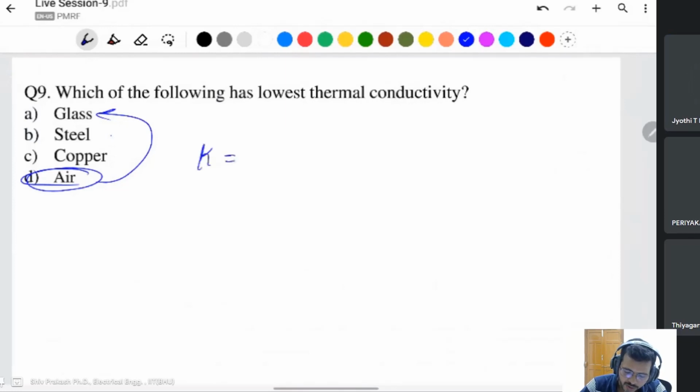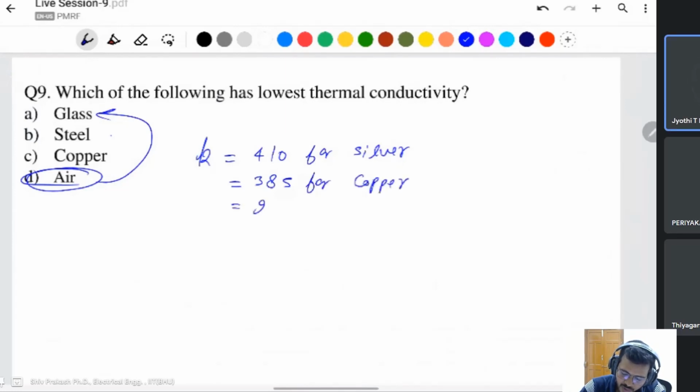You can note down thermal conductivity, given by K: 385 for copper, 410 for silver, 211 for aluminum.